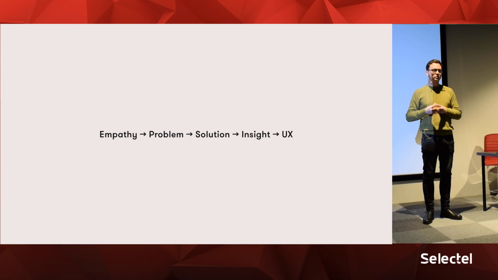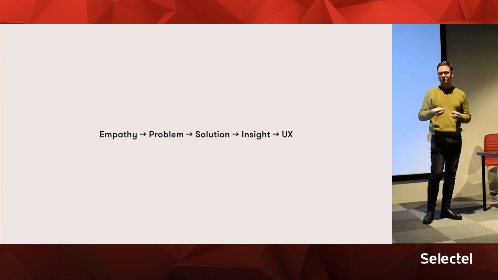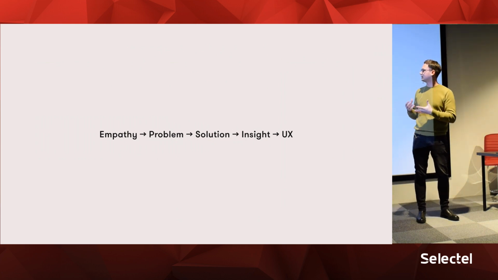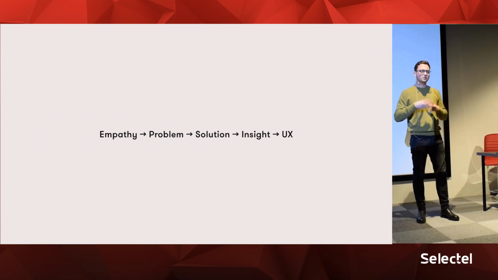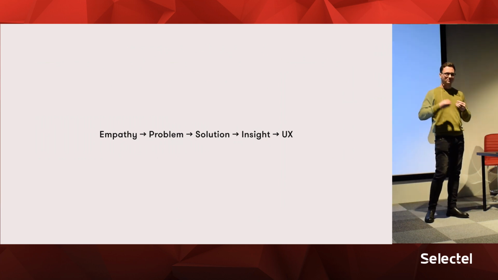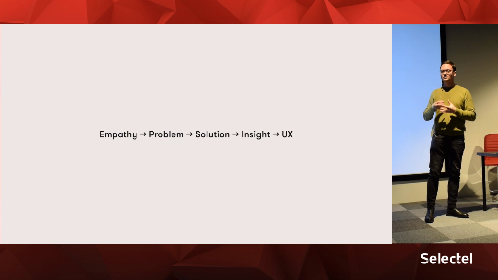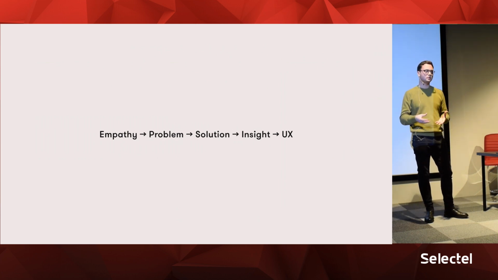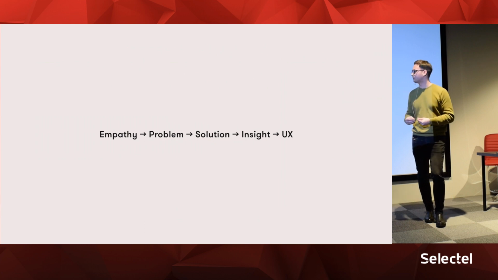Empathy is when you try to actually be your user, your customer. You try to understand how this person feels, what he believes in, and as soon as you understand how this person behaves, you can distinguish a problem. And then when you have a problem, you as a designer come up with a solution.